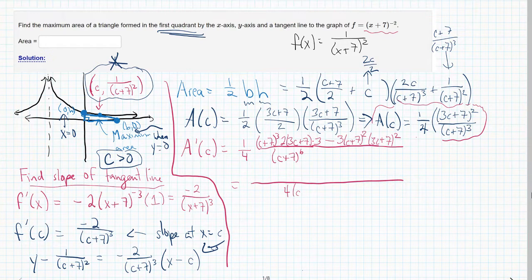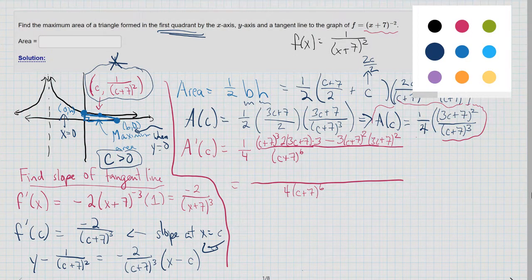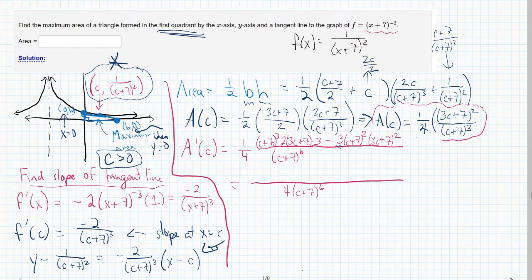So if we were to make this all out here, what do we get? We get a 4 in the denominator. We get (c plus 7) raised to the 6th power. Okay, what can we factor out? Notice we have a 3 as a factor of both terms, so we can pull out a 3. We have a (c plus 7) squared, and a (c plus 7) squared essentially sitting in here with an extra 1 power left over. And then we have one factor of (3c plus 7) from each of those.